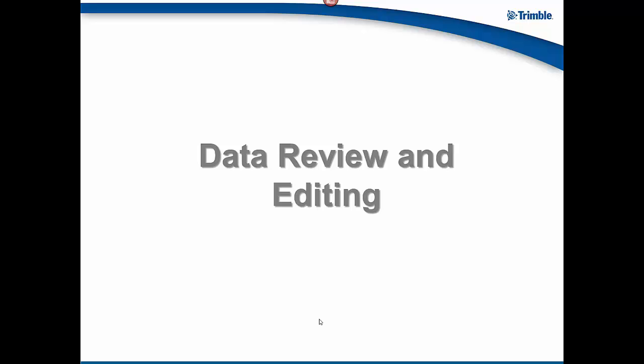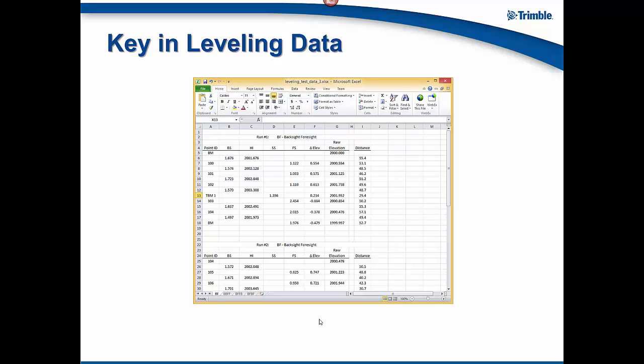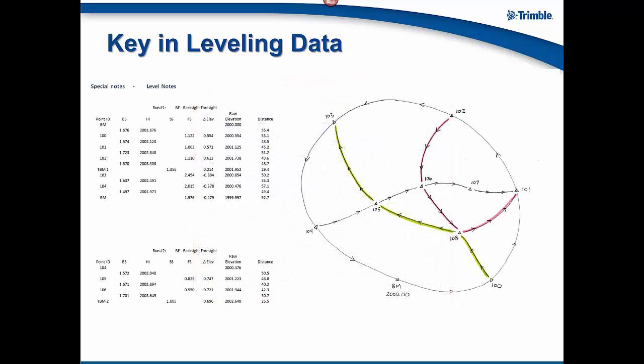So moving on to the other TBC functionality, it's definitely our biggest release we've ever had, and you will see now why. In the data review section, we now allow you to key in leveling data. You may have a lot of non-Trimble leveling instruments or non-digital leveling instruments where you just write the leveling data somewhere in an Excel spreadsheet or on a piece of paper, and you draw a sketch of your leveling run similar to this.